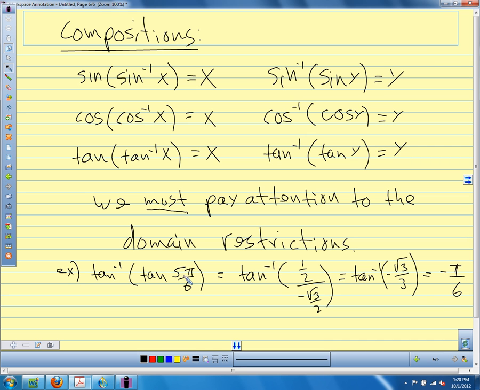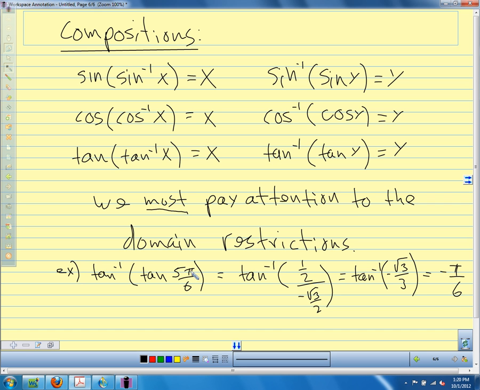So I can't say that the inverse tangent of the tangent of 5 pi over 6 is 5 pi over 6, because that is outside of my domain restriction. When my angle turns out to be outside the domain restriction, I have to look for an angle inside my allowed domain. For the tangent, my allowed domain is negative pi over 2 to pi over 2.